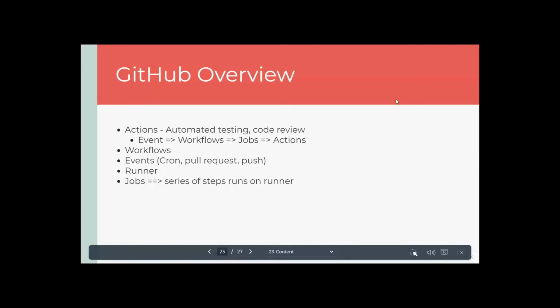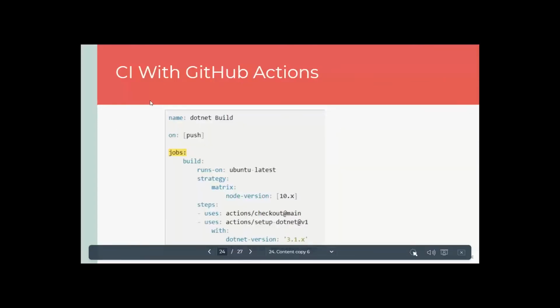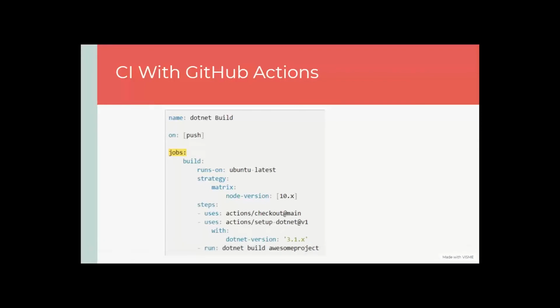Okay, so we are going to see how they are doing CI with GitHub Actions. They call it the workflow YAML file. In Azure DevOps, we call it Azure Pipelines, right?